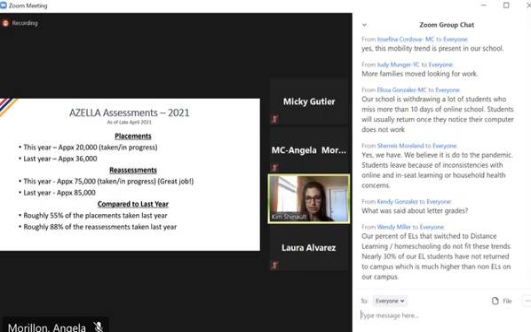When we look at reassessments, again, I've taken into consideration not only the ones that were completed, as Audra had mentioned earlier, but also the number of reassessments that are in progress. We are somewhere around 75,000 tests. Last year, we were at 85,000. So that means we are at approximately 88% of the reassessment count that we had last year.